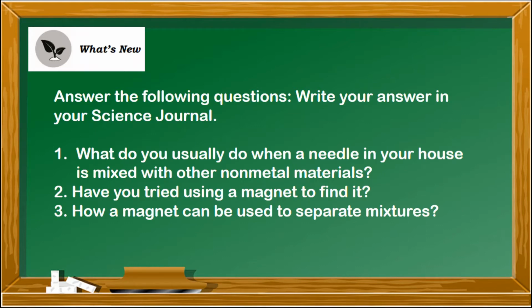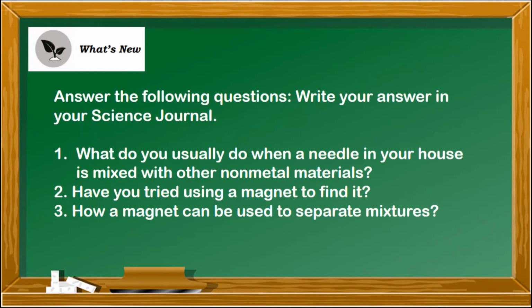Okay, we are now in What's New. Answer the following questions. Write your answer in your answer sheets. Number 1. What do you usually do when a needle in your house is mixed with other non-metal material? What do you do when the needle gets mixed with other non-metal materials?